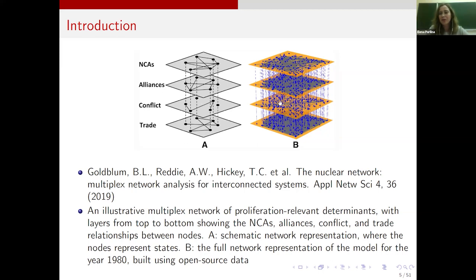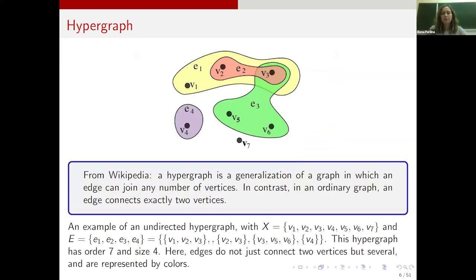The good news is that in conflict, we have not so many links, so in this graph, but a lot of links in alliances and trade. So we see these multiplex networks. This paper analyzes this network, the focus of this paper was on the centrality measures of this graph. But we focus on different problems.